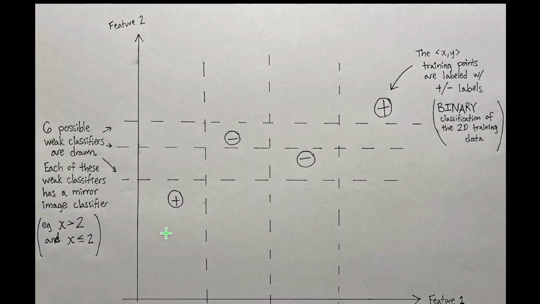One might be wrong 60% of the time, the other wrong 40% of the time. Those are both pretty bad, but even the one that's wrong most of the time, you might use in your algorithm later. So you just want to build up this bag of classifiers by dividing your data like this. That's the first step.